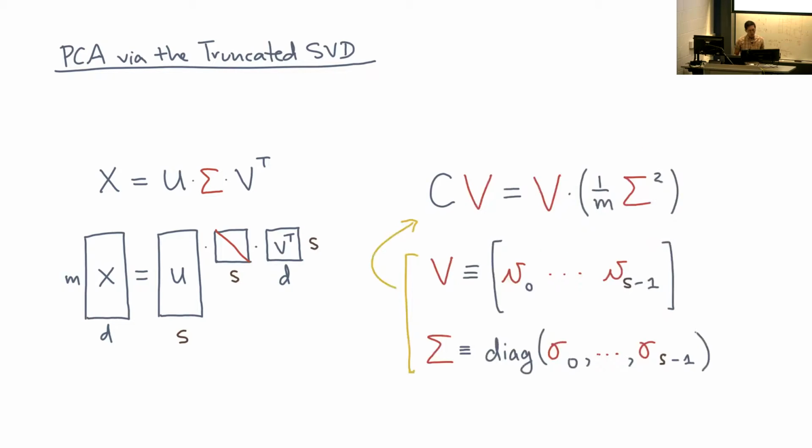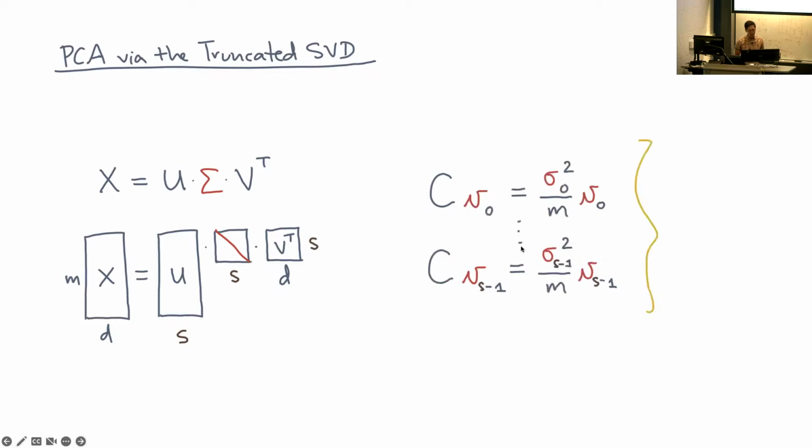So this matrix equation that you see here, if this thing is diagonal, then this thing we've written down is the same as a system of equations where each equation is the matrix C times one of the right singular vectors, one of these columns of the capital V, equals a constant times the same vector.